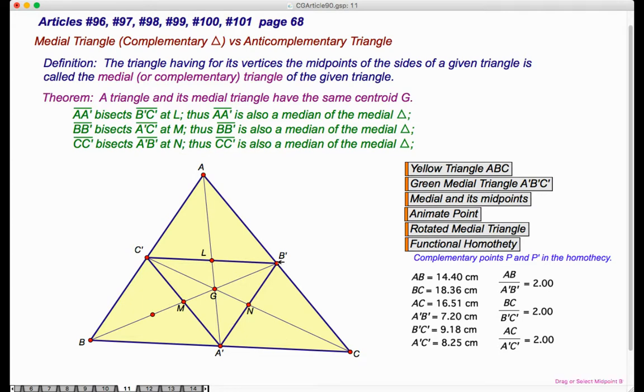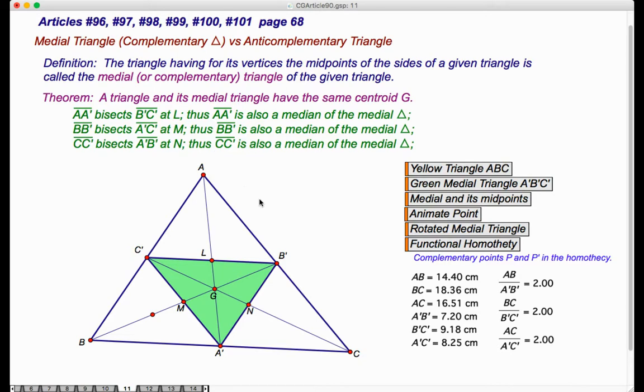The medians are AA prime, BB prime, and CC prime, and thus B prime, C prime, A prime are midpoints of the corresponding sides of this particular yellow triangle. So if I connect the points, it becomes the green triangle, and this green triangle by definition is the medial triangle, sometimes called the complementary triangle of the original triangle.